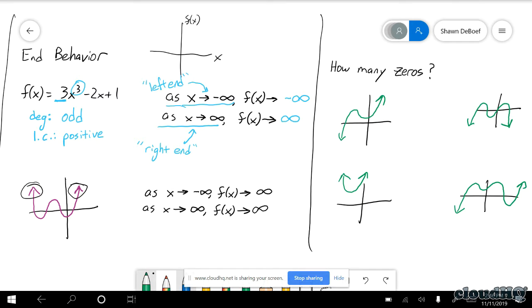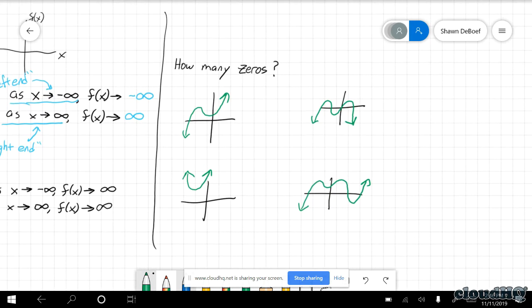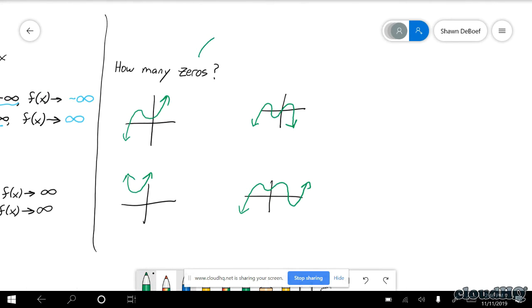What's another word for zero? Could be an x-intercept. So how many zeros does the first one have? Follow your x-axis, it only hits it once, so it has 1 zero. If we move to the right, 1, 2, 3, 4 x-intercepts, so 4 zeros.